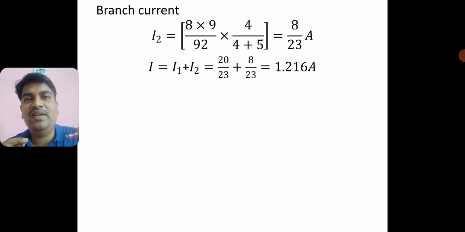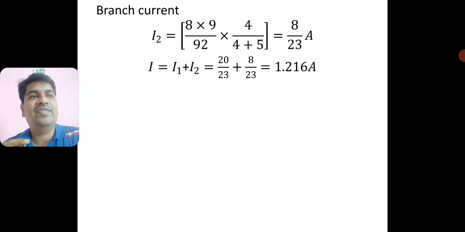That is the meaning of algebraic sum. Luckily in this case, both I1 and I2 are in the same direction. Therefore, the total current is just the sum of these two: 20 by 23 plus 8 by 23. It is 1.216 ampere, the total current flowing through the 5 ohm resistance with both batteries, and I have done it using the superposition theorem.